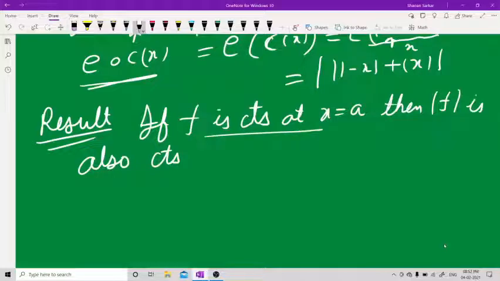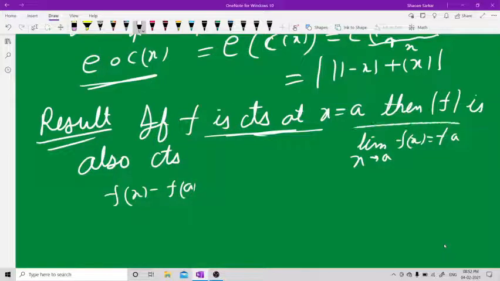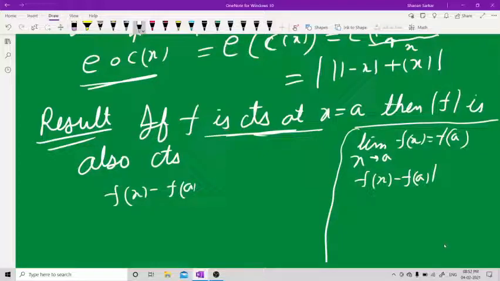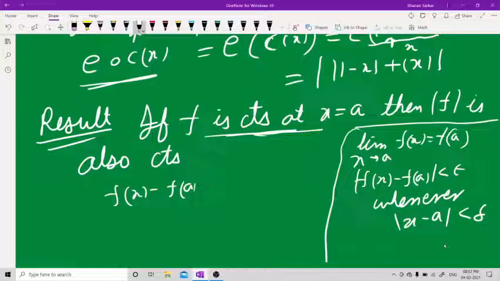I said f(x) is continuous. That means, by the classical definition, f(x) minus f(a) tends to zero, that is, limit x tending to a of f(x) equals f(a). In the rough, this also means |f(x) minus f(a)| is less than epsilon whenever |x minus a| is less than delta.